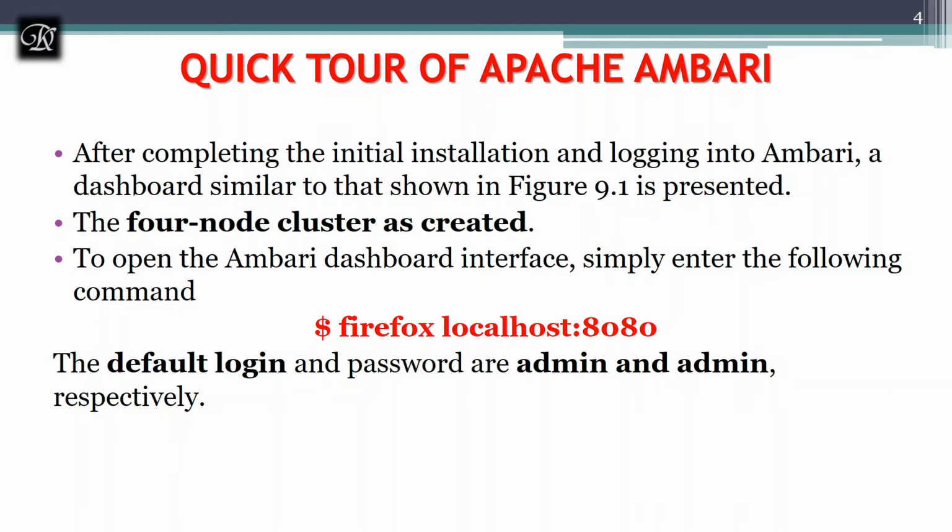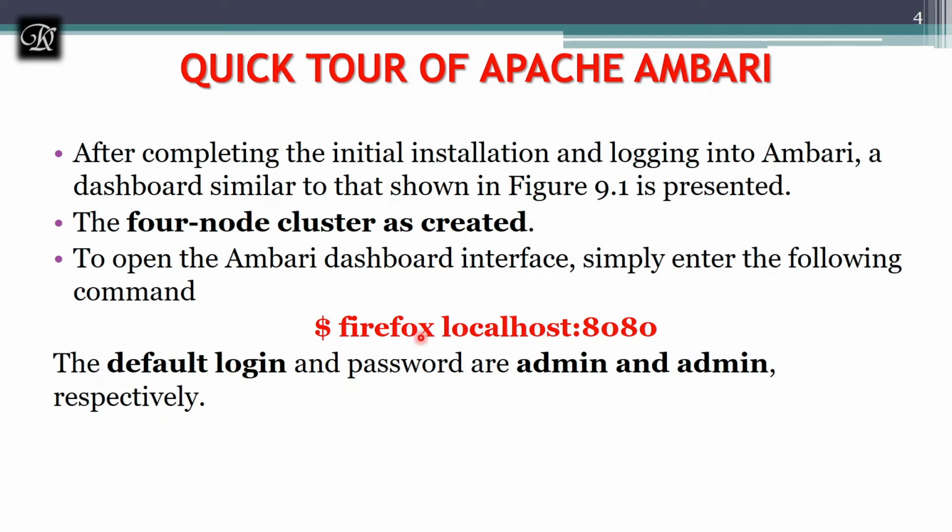So, how to start this? Once you configure a 4-node cluster by following the steps given in the second chapter, there are 2 ways you can start it. You have to start the server, then start the agent of Apache Ambari.